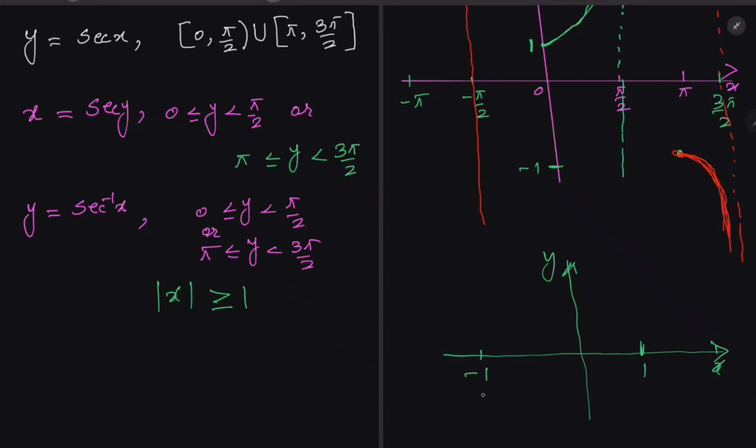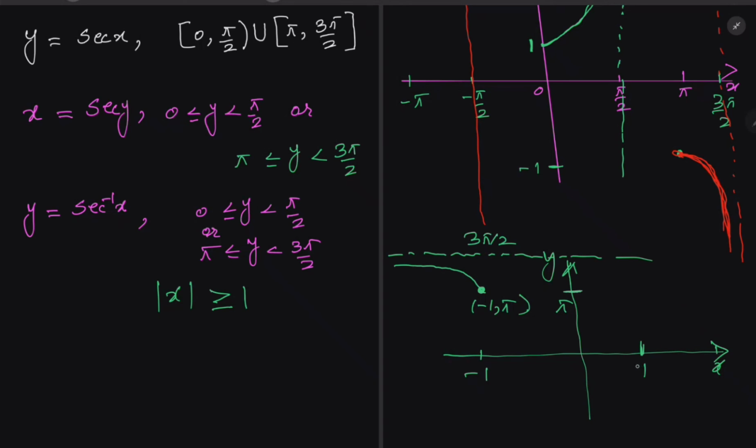This is -1. When x is -1, we know that the value will be pi. So at x equal to -1, the graph will look like this, -1, pi, and it should not cross 3 pi by 2. It should not cross this value, which is 3 pi by 2.